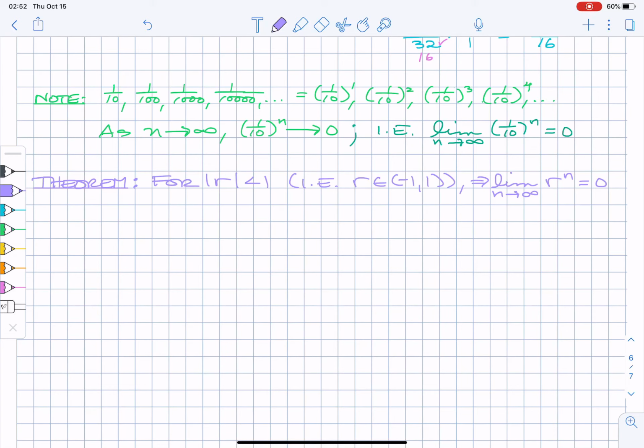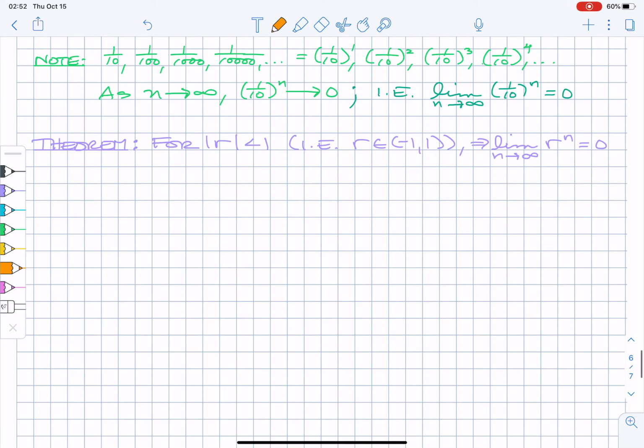Okay. Well, let's consider something. So let's consider the limit as n becomes larger and larger of a times the quantity 1 minus r to the n over 1 minus r, for the absolute value of r being strictly less than 1.